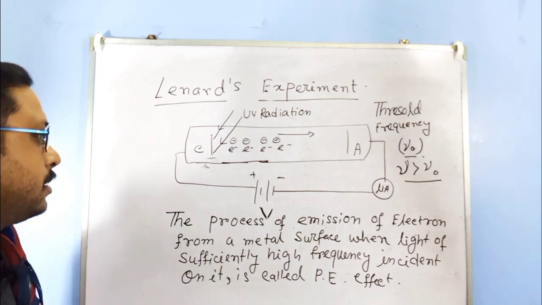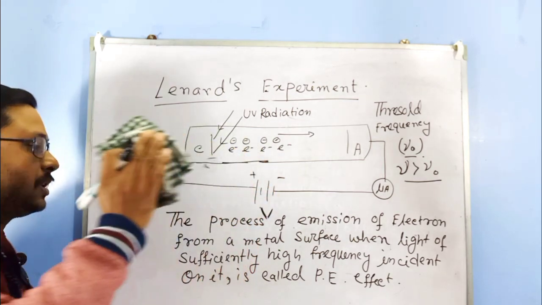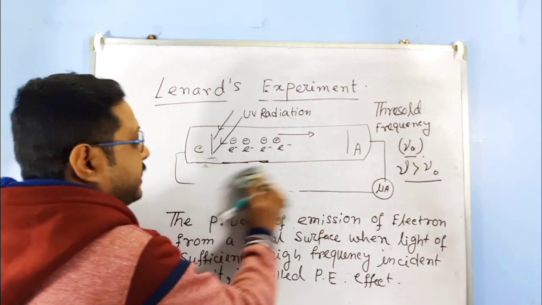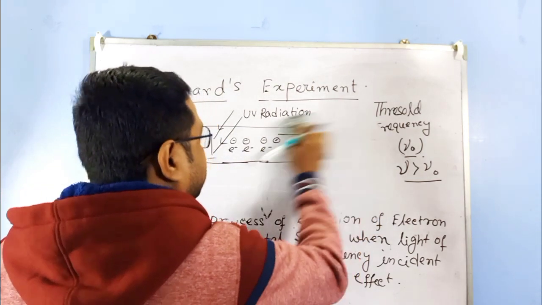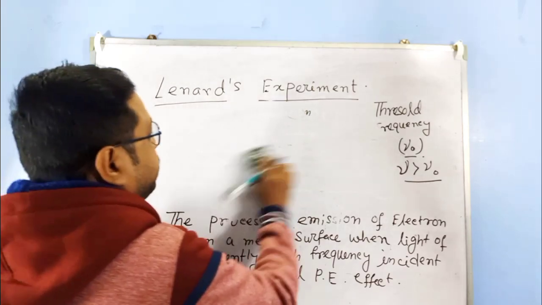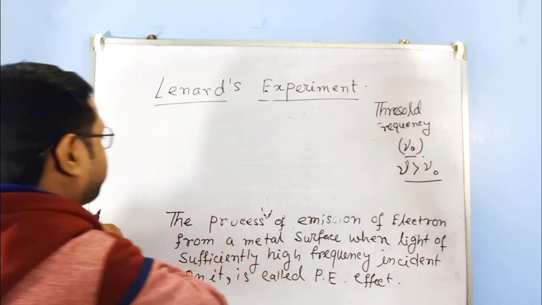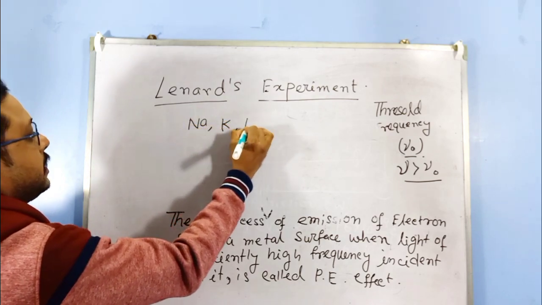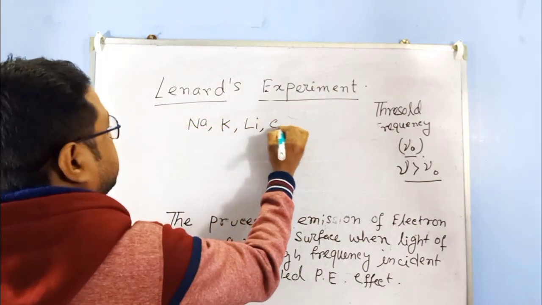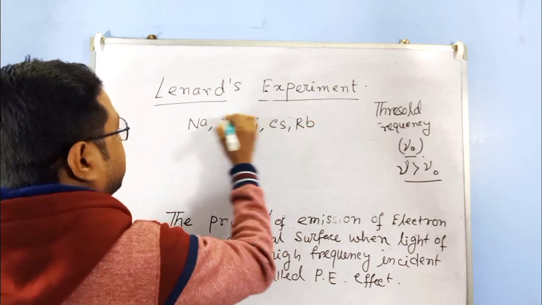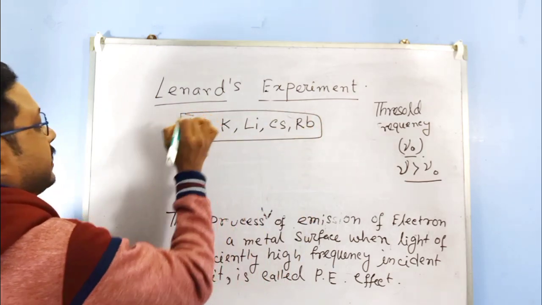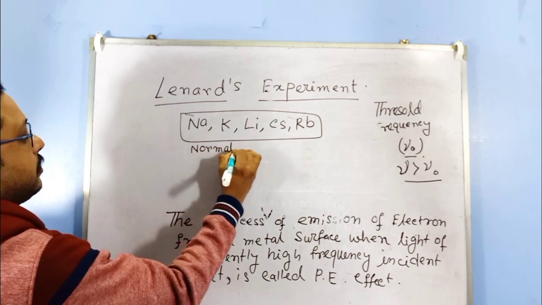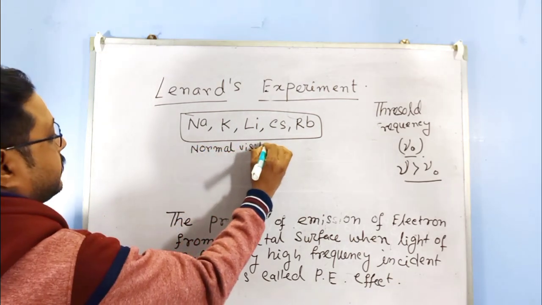Some metals, such as alkali metals, you know the names of alkali metals if you read the periodic table chapter in class 10, that is sodium, potassium, lithium, cesium, rubidium, these metals show the photoelectric effect in normal visible light.